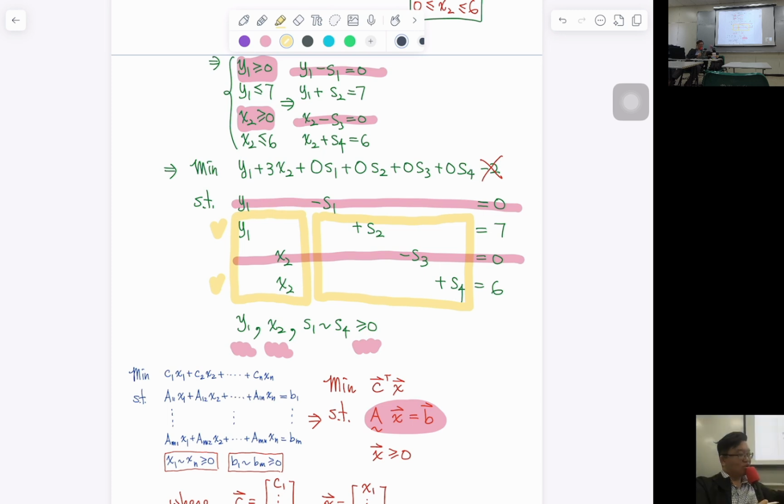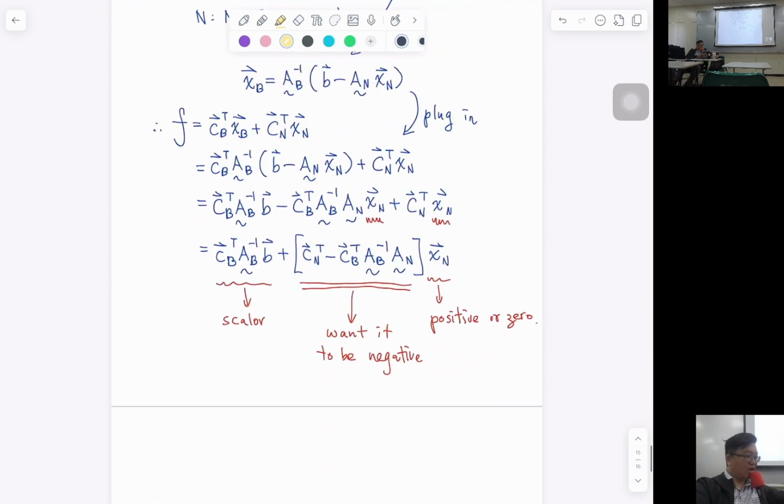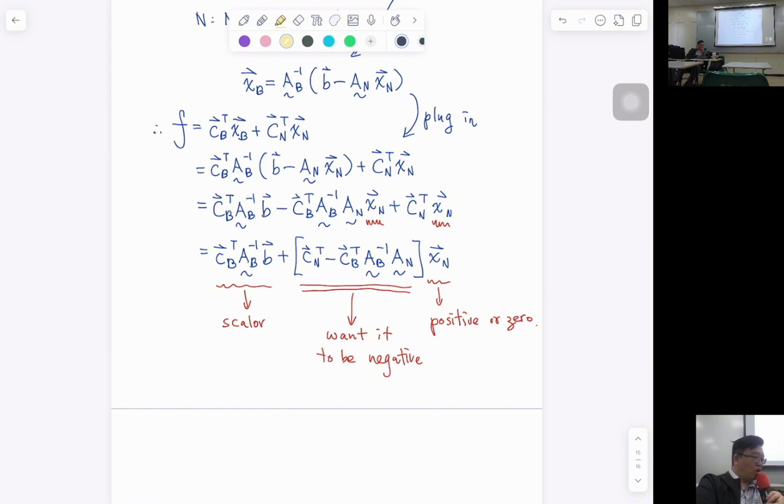And I'm going to follow the derivation right here. I'm going to see whether I can find a good choice of basic and non-basic variables, so I can see this yellow box is negative. If I can do that, that would be a good choice of basic and non-basic.